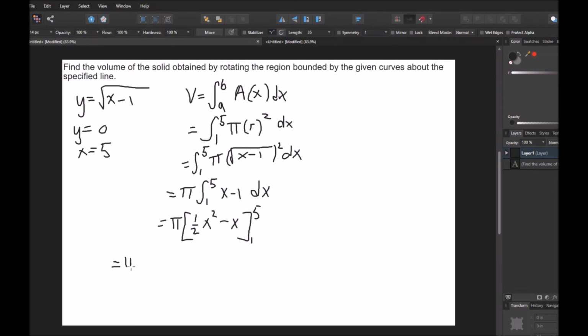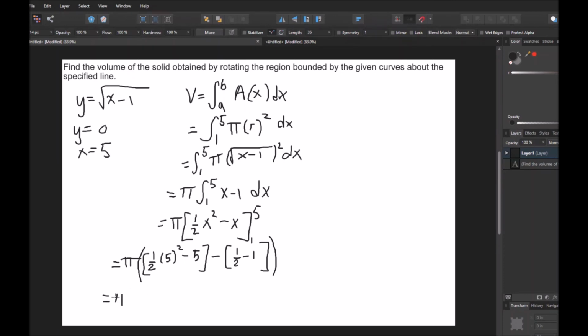So then if we expand this out, we're going to have 1/2 5 squared minus 5, and then that's going to be 1/2 minus 1, because 1 squared is 1, and if you just plug in 1 for x, you're going to get 1. Even though these are separated by a minus sign, I still want to emphasize that pi is going to be multiplied to whatever the final answer of this is.